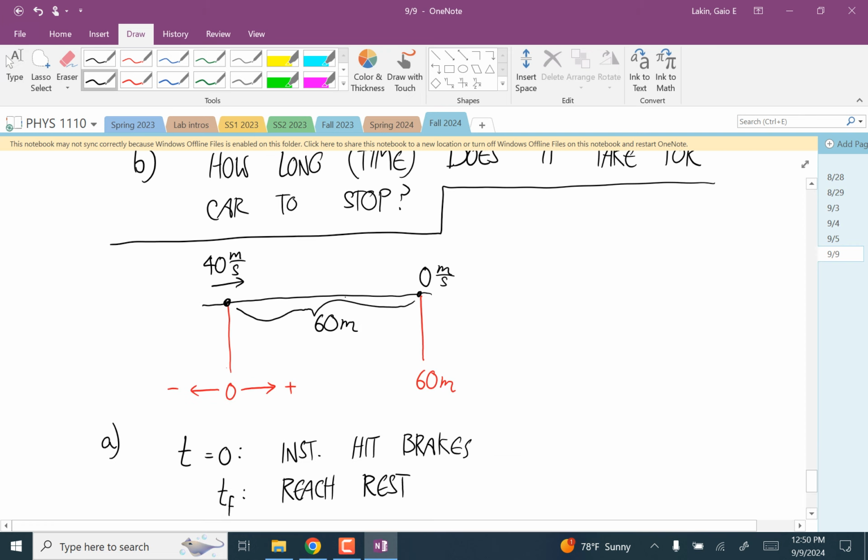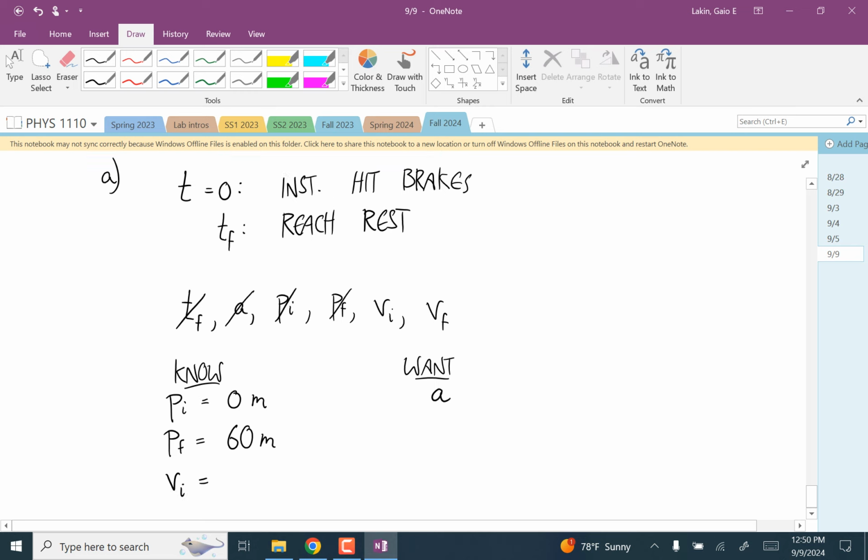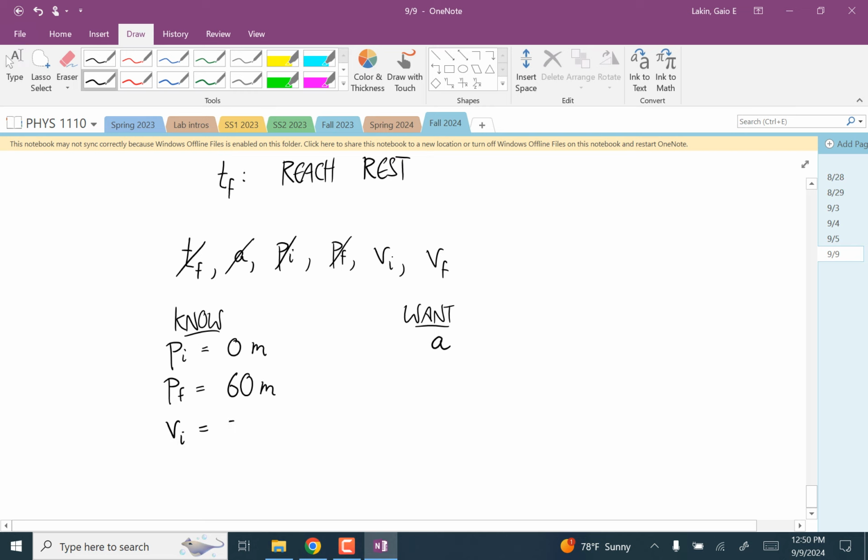So now we have to look at this diagram and say, okay, this thing is moving to the right. Is that our positive or negative direction? Yeah, that's what we chose as positive. You don't have to do this, but I like to always be clear to myself that yes, I've thought about the direction of this. So I'm going to call this positive 40 meters per second.